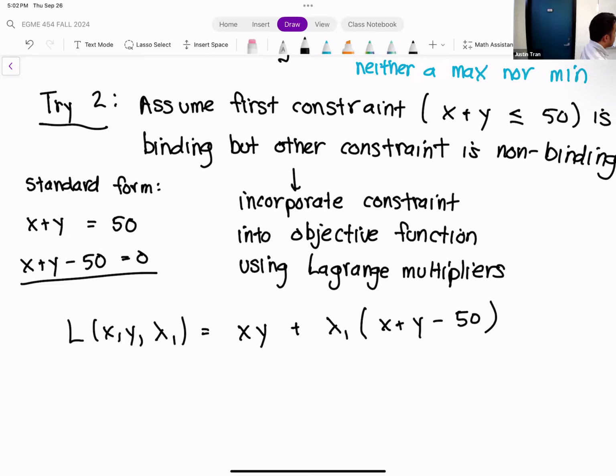Okay. So we're still assuming the second constraint is non-binding, excuse me, so we're not going to include it here. Okay. So now that we have this new Lagrange function, let's go ahead and solve it. And let's see, first of all, what optimum we get, and whether that optimum satisfies our constraints.